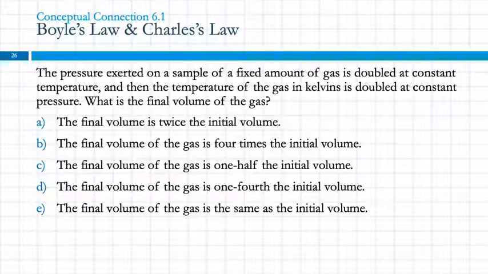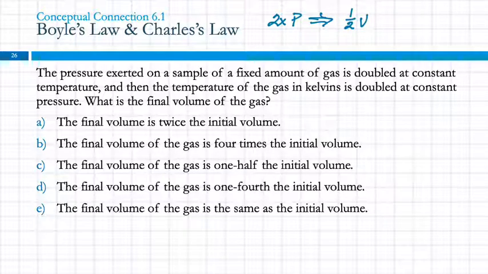So if I've got this sample of gas and I double the pressure, what's that going to do to the volume? If I double the pressure, it's going to double the volume? It's going to cut it in half, right? So 2 times pressure would give me 1/2 the volume.